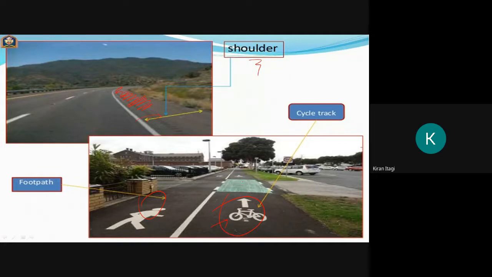It means this lane is only for the one who is riding a bicycle. Then footpath. In India we have a little bit raised footpath, but in foreign countries an extra lane is provided, which is used for pedestrians or the ones who walk.